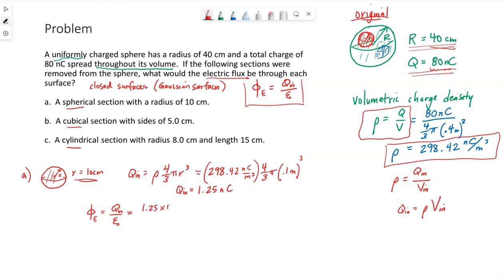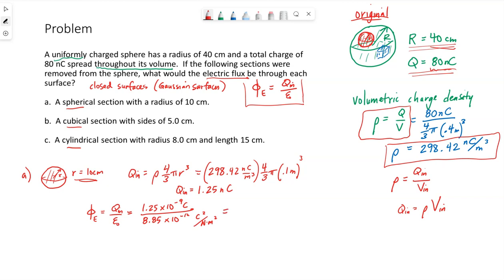So 1.25 times 10 to the negative 9 coulombs. Epsilon naught is our constant, the 8.85 times 10 to the negative 12 units, coulombs squared over newton meters squared.